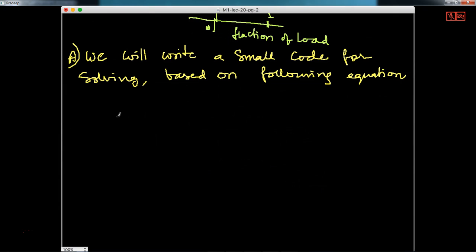Okay, so now, let x be the fraction of load.